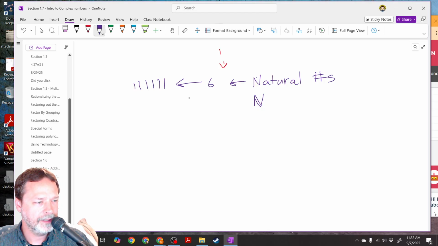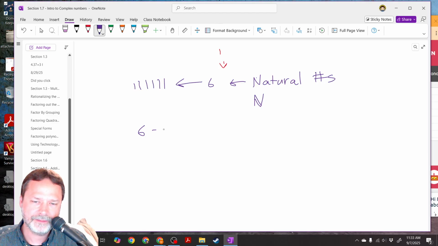And why did we need those negative numbers? Well, I think there were numbers we had trouble with. It was subtraction, I think. We had addition, but then subtraction.